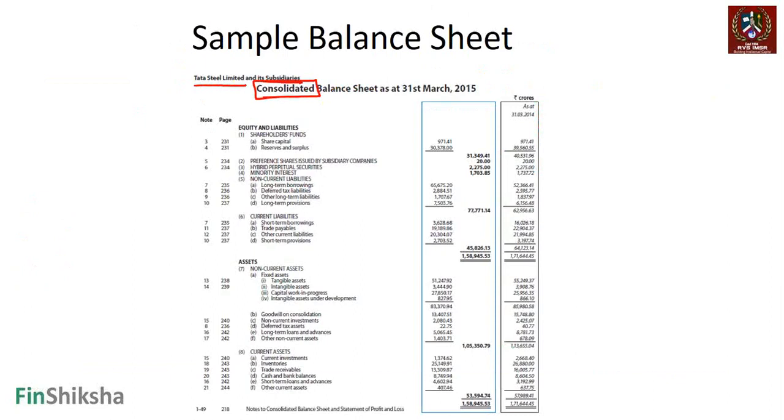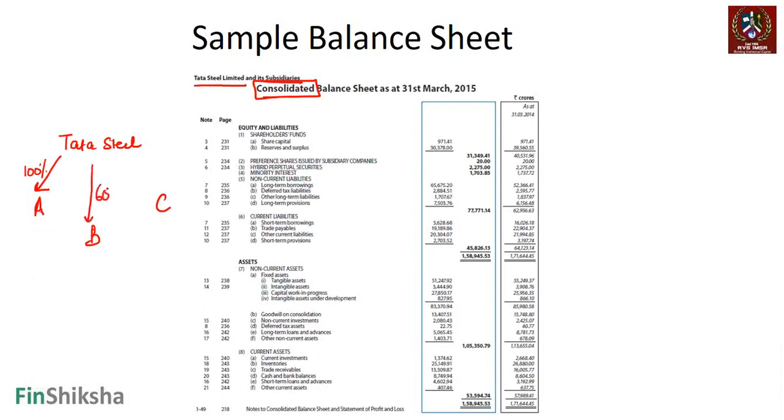At this point of time, it only is required that we broadly understand how consolidation works. Let's say there is a company, Tata Steel. It holds a stake in companies A, B, and C. Tata Steel is 100% stockholder of A, which means the entire equity portion in the balance sheet of A comes from Tata Steel.